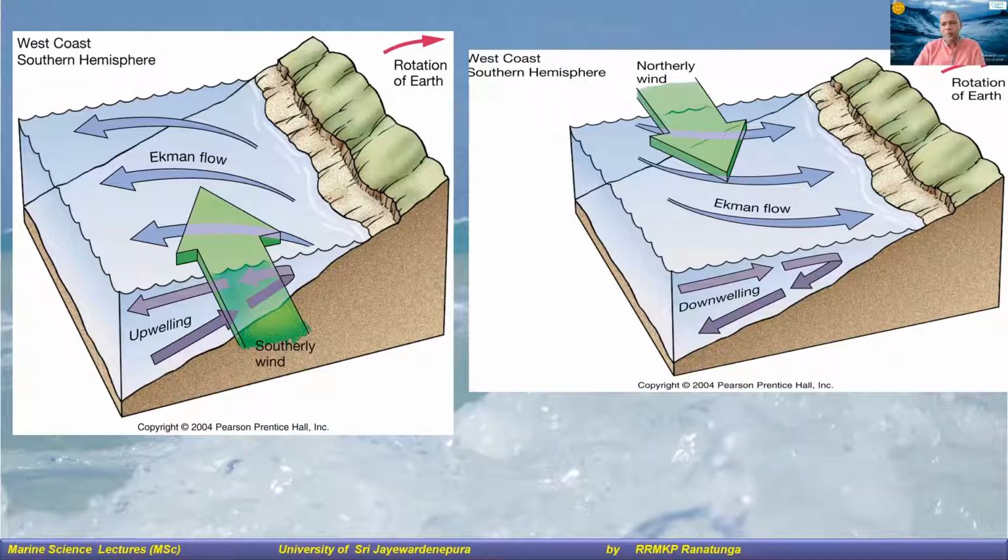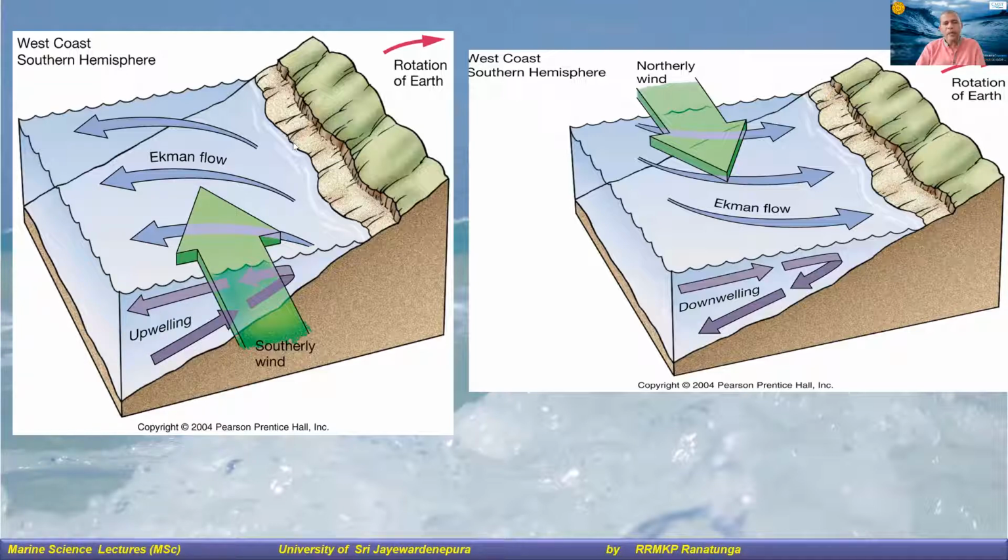Now this brings in a very important concept, which we call upwelling. Due to the wind blowing, the surface water moves to the left, which means the surface water will flow to offshore areas.